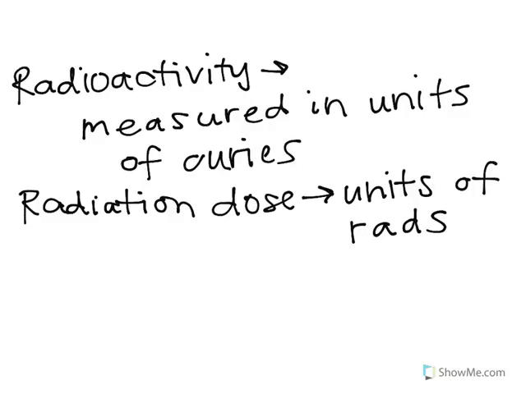Because you can imagine you don't want a strong gamma emitter because that can penetrate all your skin, so it depends what kind of emitter it is. In order to take into account how it's going to affect your biological system, those get measured in REMS.